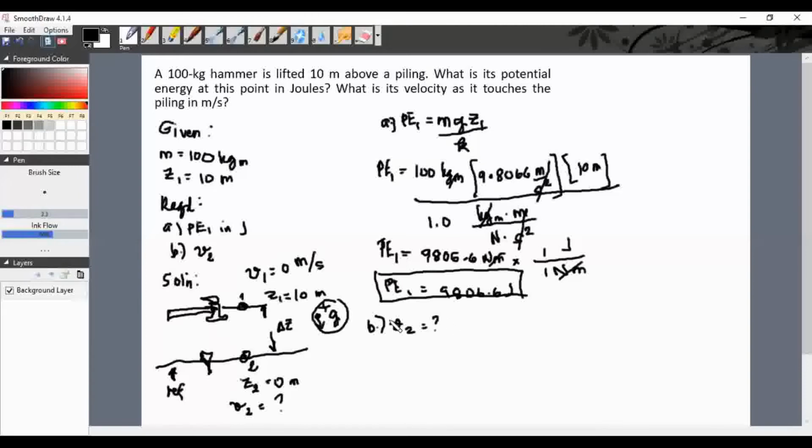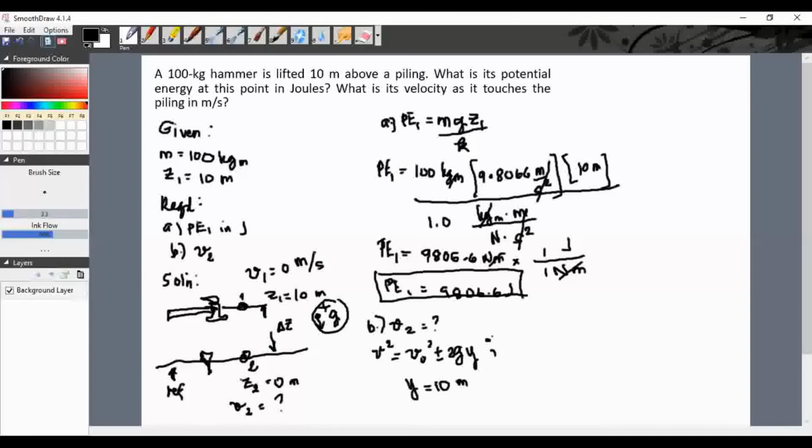We recall from our kinematics the formula: final velocity raised to 2 is equal to initial velocity raised to 2 plus or minus 2gy. The y that I will use is the distance of travel. So y is equal to 10 meters.